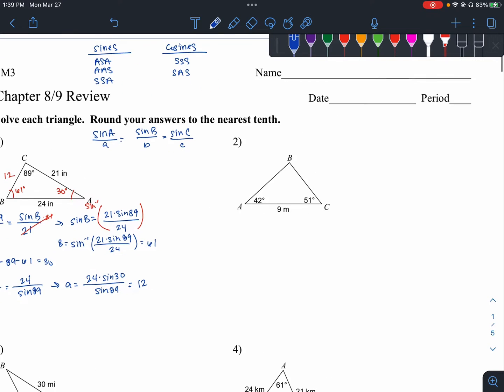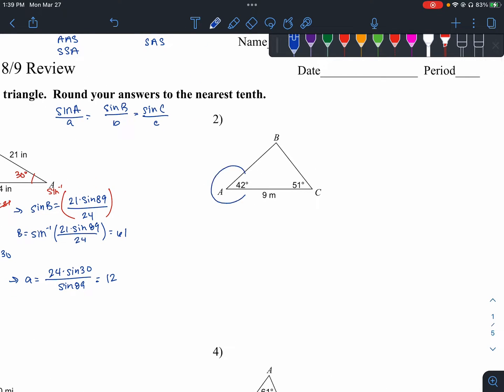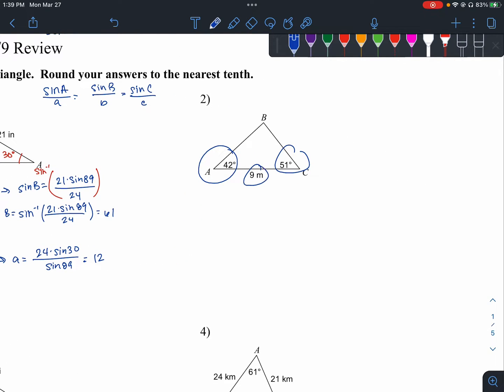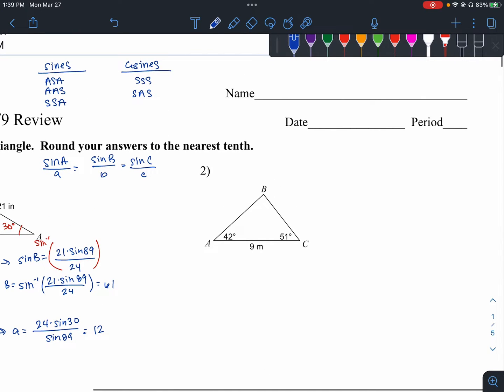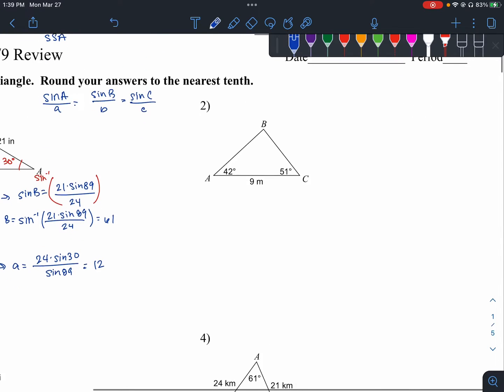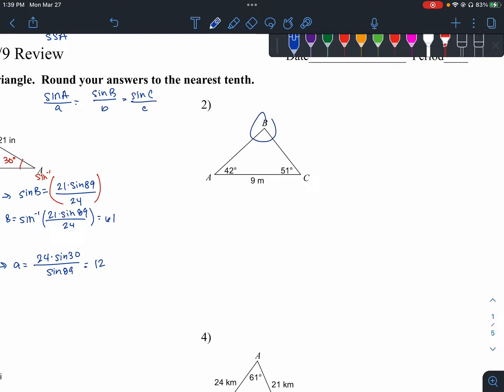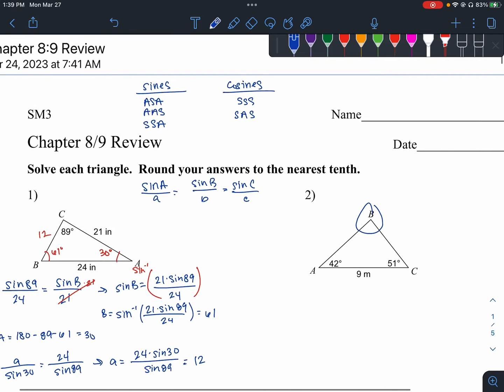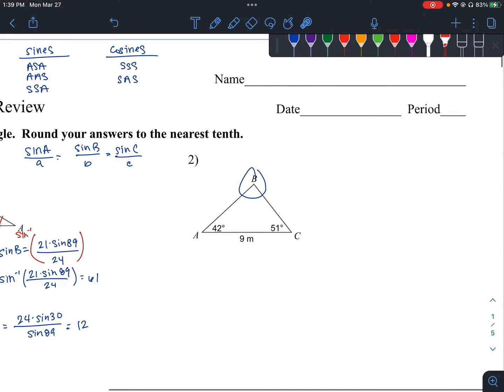Okay, so for part two, I have an angle and an angle and a side in between them. So angle, side, angle. That's going to be the law of sines. If I have two angles, it's really easy to find the third angle.